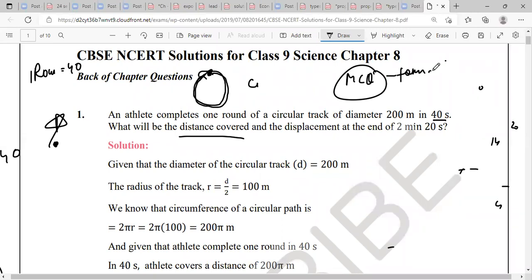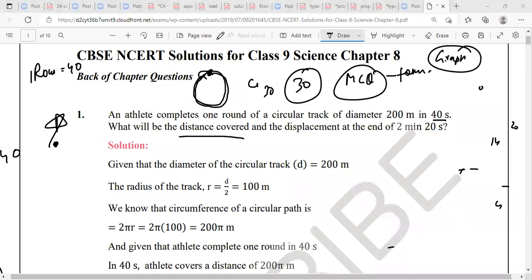Today I needed to clarify your questions on graphs. Tomorrow you have class, so 30 minutes I'll take your MCQ, and for the rest of the 30 minutes we'll be doing the graph questions. Clear? Okay, so just quickly go through it and let me know if anything is not clear to you.